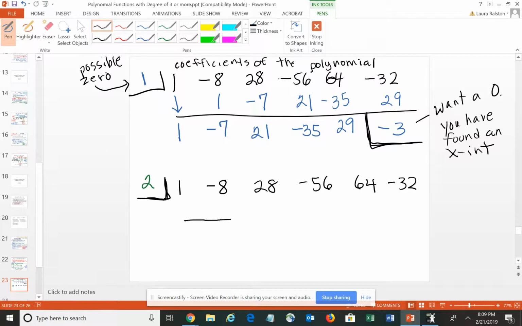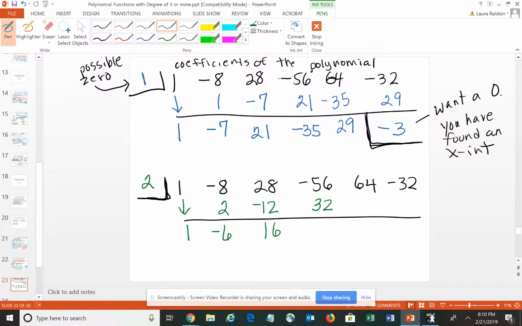Okay, so I set it up. I'm going to draw my box and do the synthetic division. Drop the 1. You always drop that first number. Then you multiply. 2 times 1 is 2. Negative 8 plus 2 is negative 6. 2 times negative 6 is negative 12. 28 plus negative 12 is 16. 2 times 16 is 32.